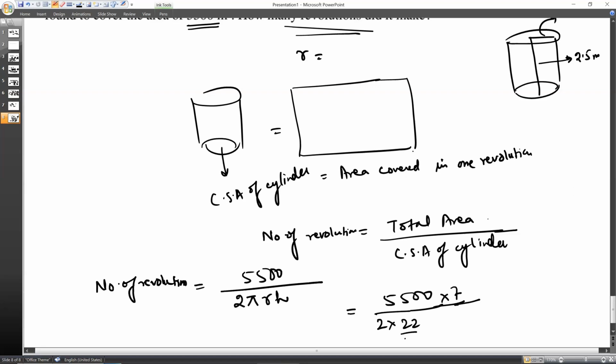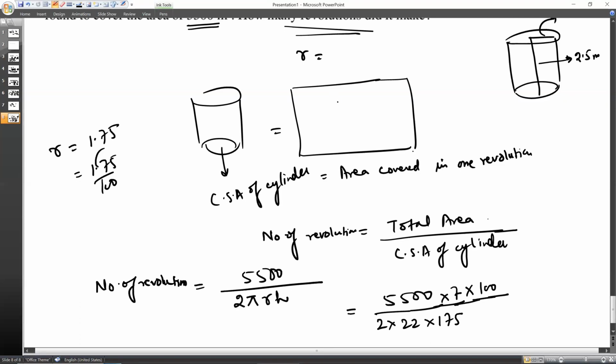And the radius is given to you, 1.75, which can be written as 175 upon 100.